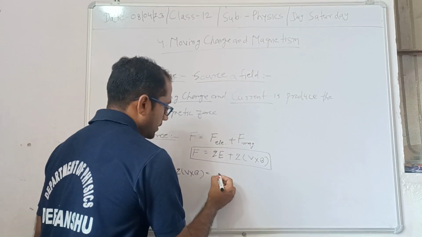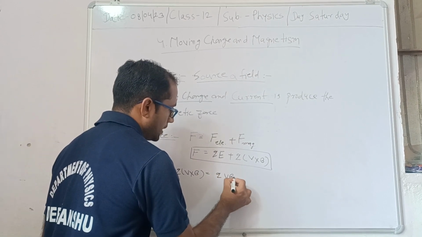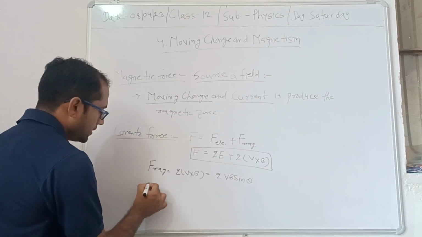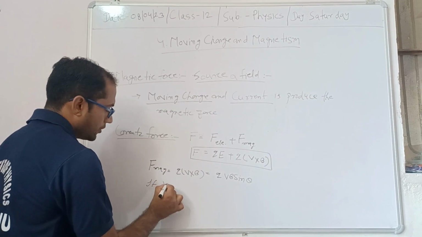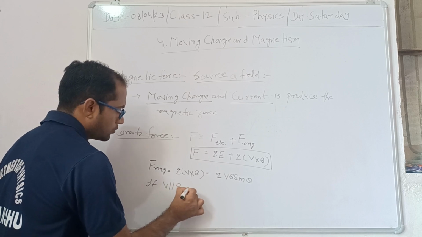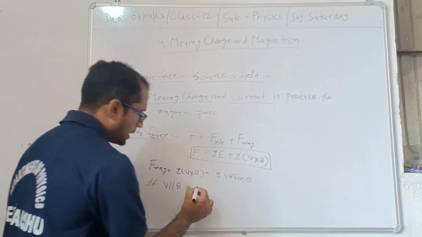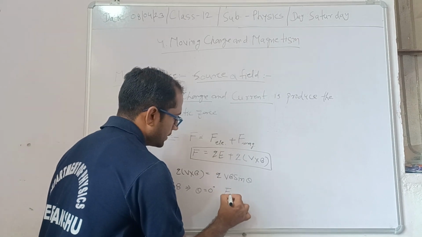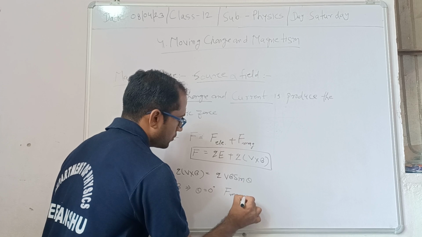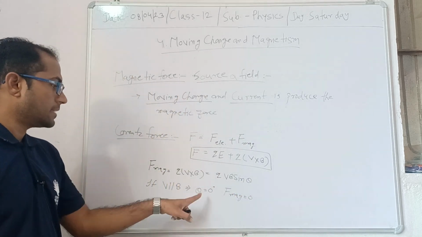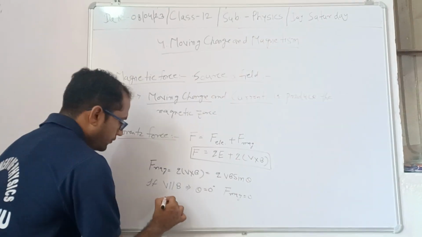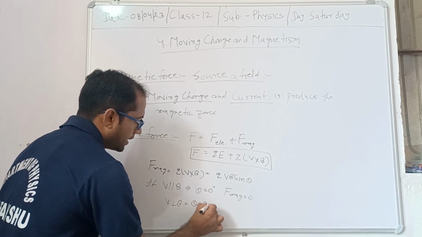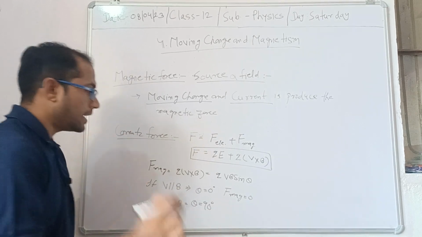If we expand the cross product, we get a sin theta factor. If V is parallel or anti-parallel to B, then the angle theta is 0 degrees, and F magnetic is 0, because sin 0 is 0. If V is perpendicular to B, then theta is 90 degrees, and sin 90 is 1.